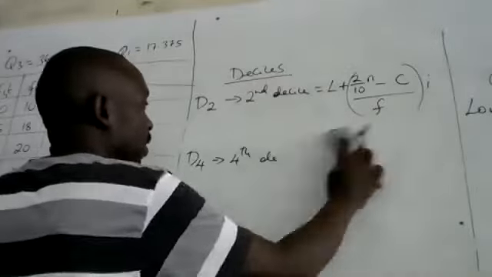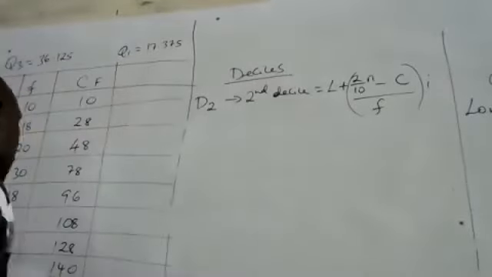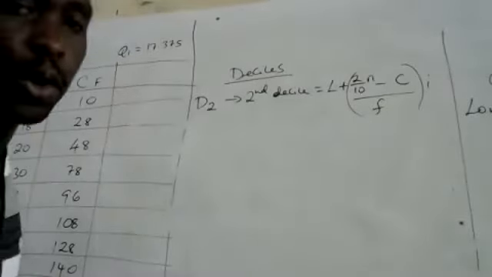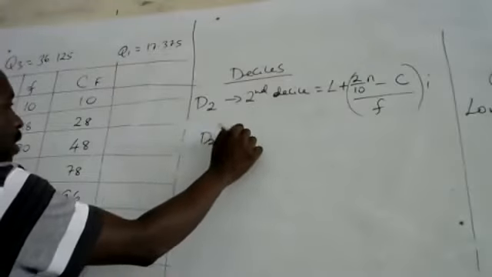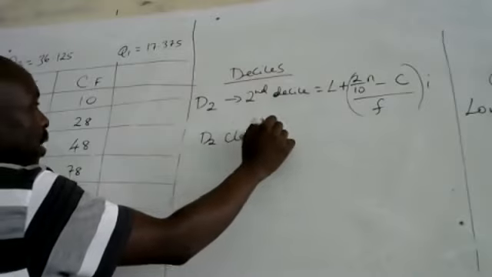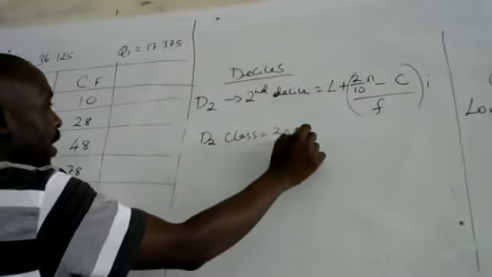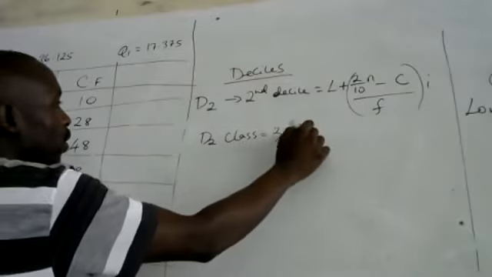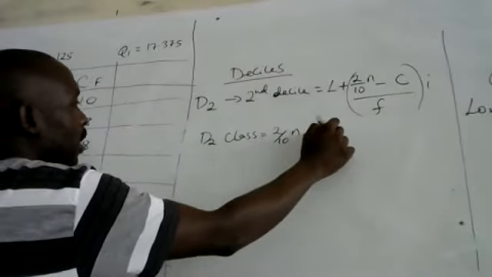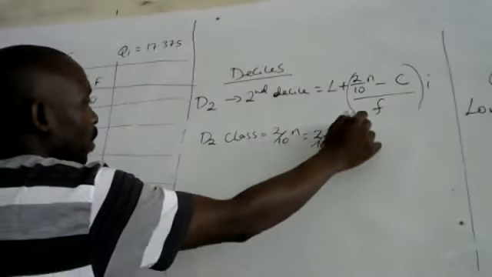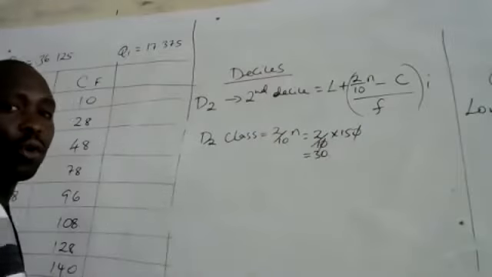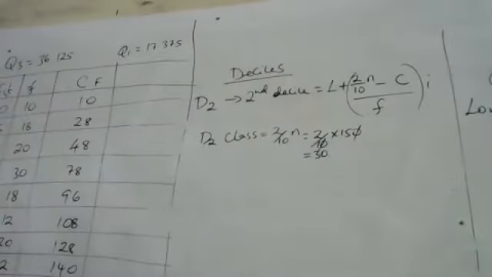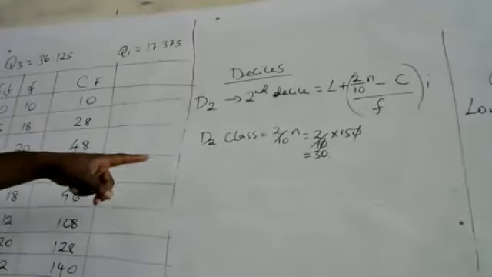Let us calculate the second decile using the same data. We need to get the D2 class. The second decile class is determined by 2 over 10 N, which is 2 over 10 times 150, equal to 30. The question we ask ourselves is, on the cumulative frequency, where does the 30th item fall?